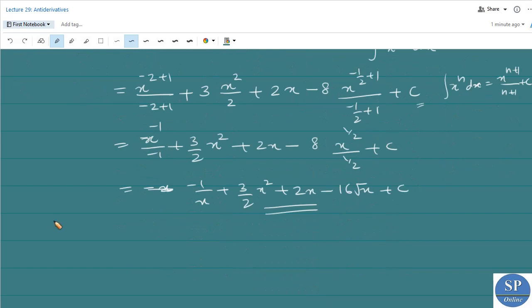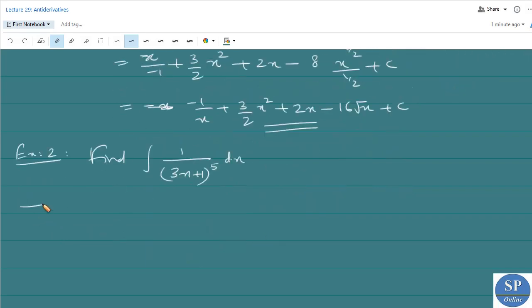Next question is find integral 1 by (3x+1) to the power 5 dx. So we have integral 1 by (3x+1)^5 dx is equal to integral (3x+1)^(-5) dx.